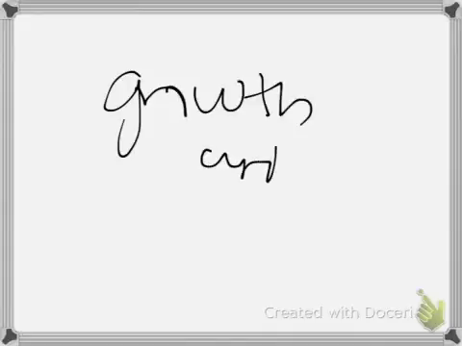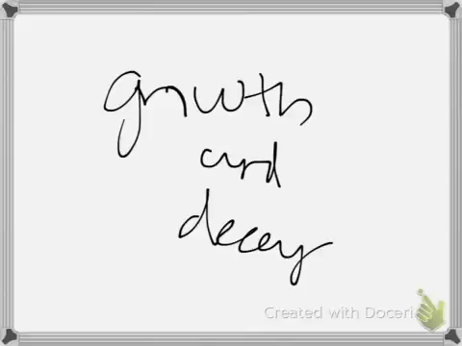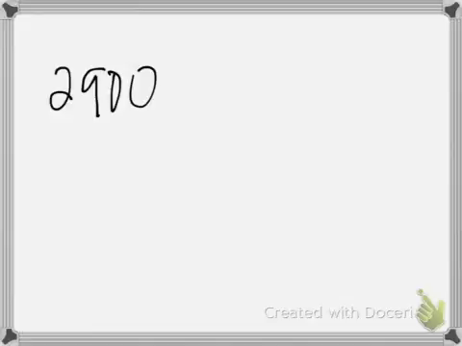can apply to our life is growth and decay. So, for example, if we wanted to find out the number of students that we'll have in 2 years, let's say we currently have 2,900 students.